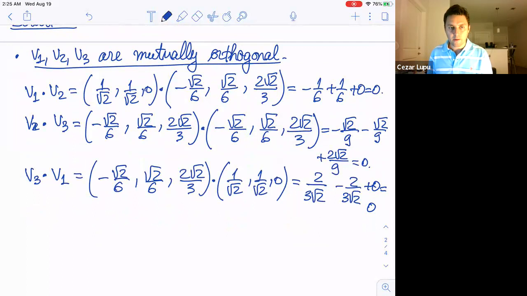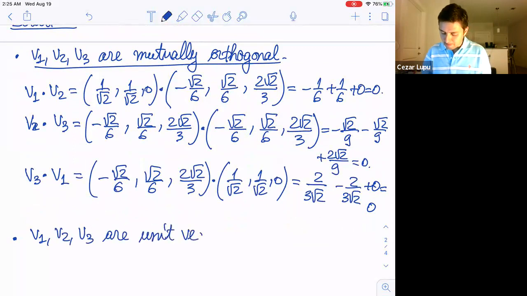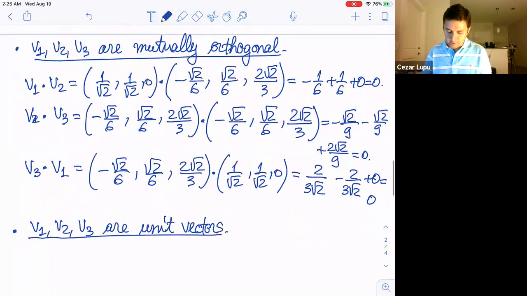Therefore, the three vectors are mutually orthogonal, and now the second part is to show that V1, V2, and V3 are unit vectors. All right, let's do this.